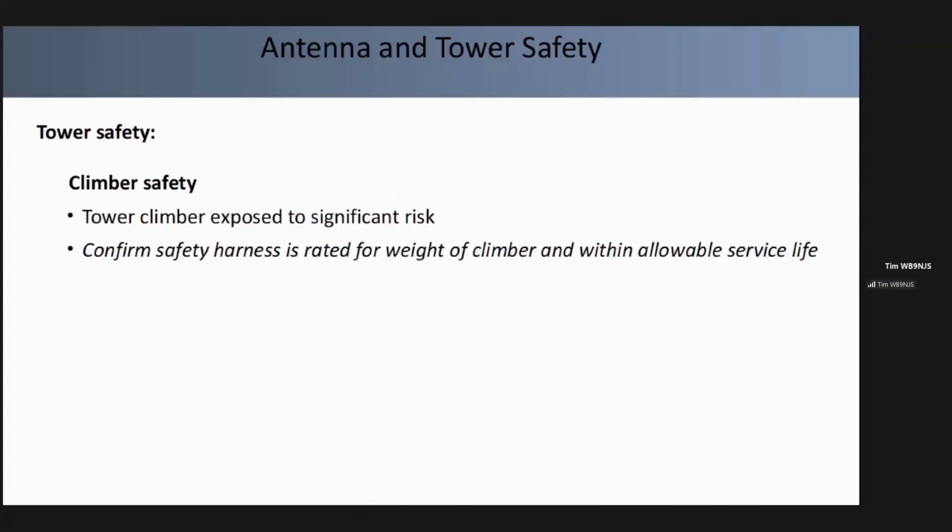They're often a mix of leather, fabric, and nylon strap, which means they will wear out. So they do have an allowable service life that you should not exceed. So tower climbers should confirm that the safety harness is rated for his or her weight and within the allowable service life of the harness.